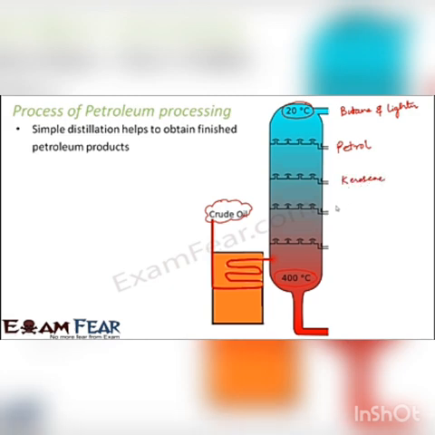Below that you get diesel or light gas oil. Below that you get heavy gas oil. And at the bottom, that is at the highest temperatures, you get stuff like paraffin wax, lubricating oil, and others.